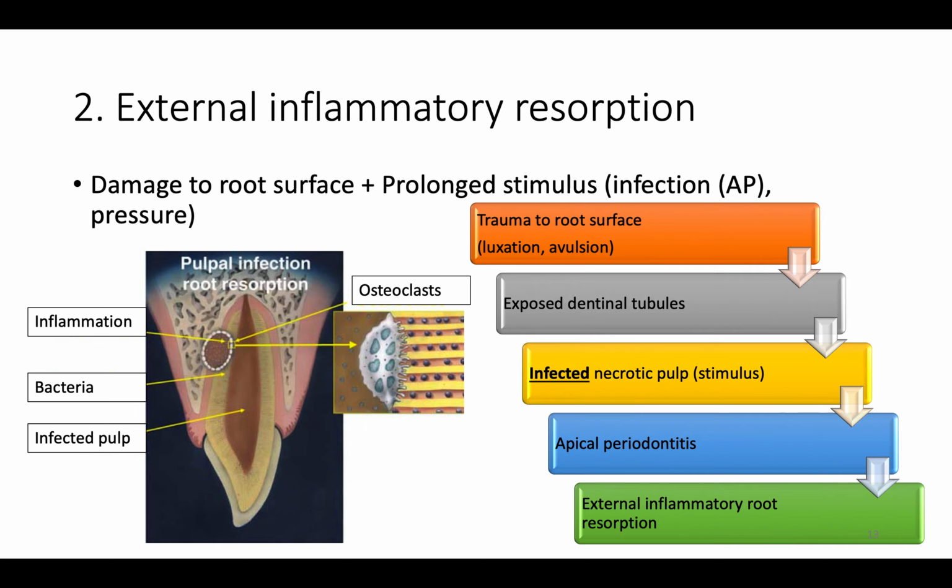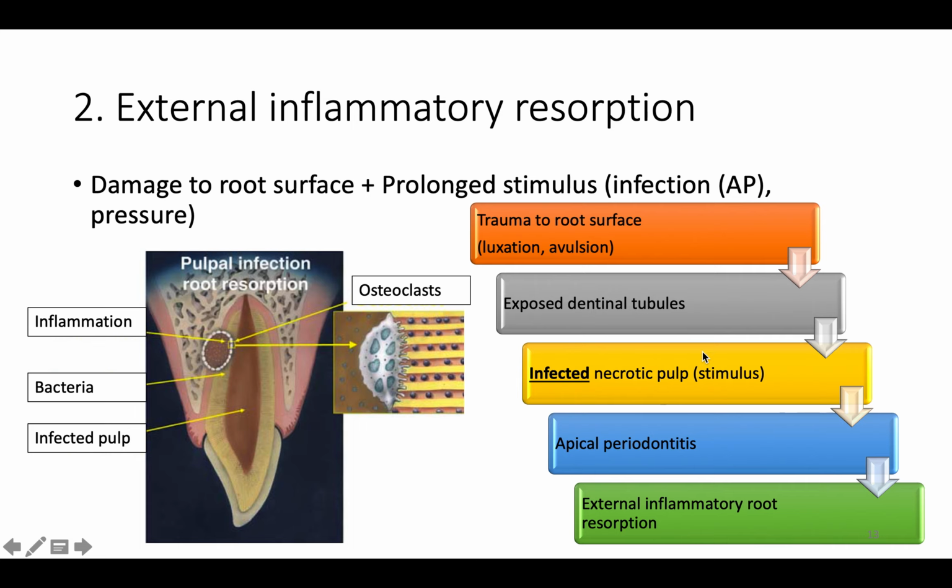Sometimes there are cracks in the crown itself, resulting in bacteria invading the pulp space. The pulp will become infected and necrotic. The bacterial byproducts can diffuse easily through the exposed dentinal tubules, resulting in apical periodontitis and external inflammatory root resorption.